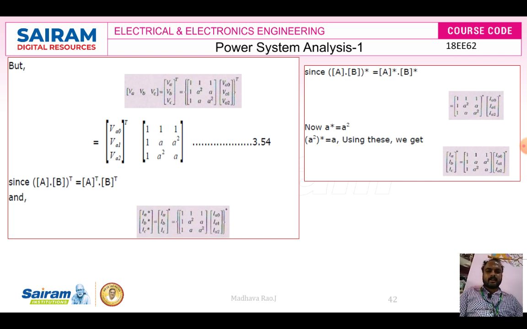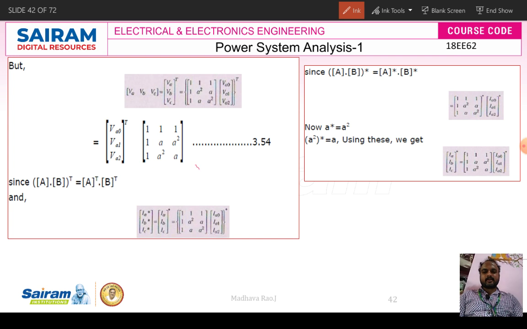If you multiply with the T matrix, 1 1 1, 1 a square a, 1 a a square, you can get the currents as well. So we have matrix relations here. Next, since the transpose of the product of A matrix and B matrix is equal to A conjugate times B conjugate, we can write finally the matrix 1 1 1, 1 a square a, 1 a a square into IA0, IA1, IA2. Here a conjugate is equal to a square, or a square conjugate is equal to a. Using that you can write this.